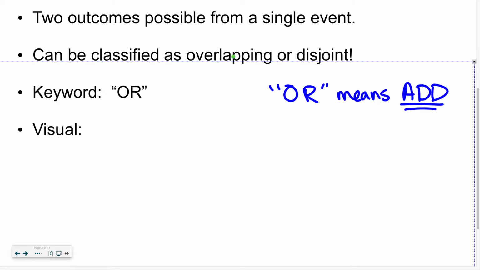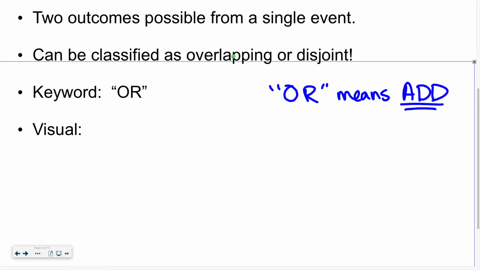A weird thing about the "or"s is that there's also an "and." That can really get some people, because now we're going to have two probabilities that have "and" in them, but they mean different things. So we're really going to have to think through problems, read through, contemplate, and decide what those things actually mean. Do they mean "and then"? Or do they mean "in this section and at the same time"?